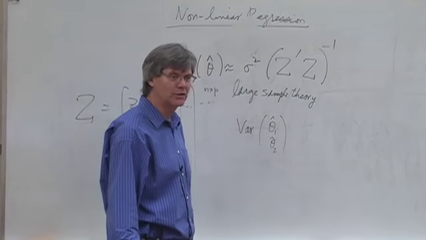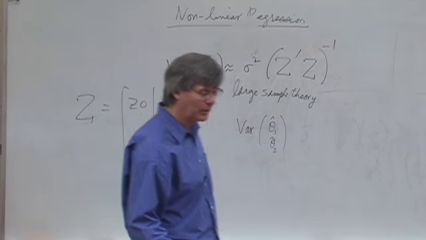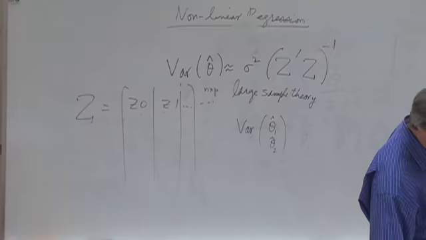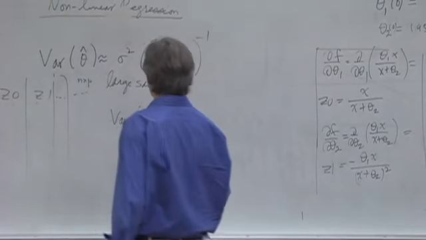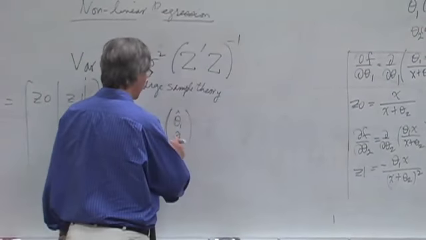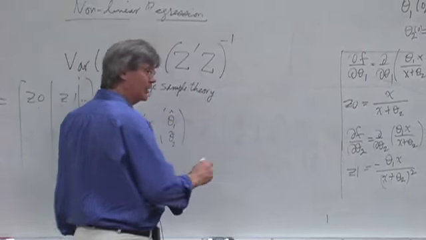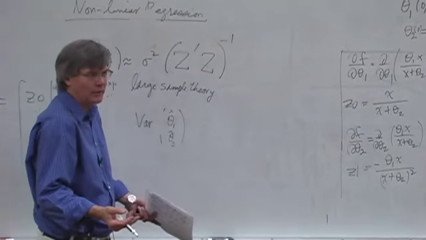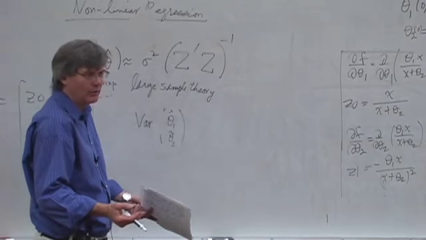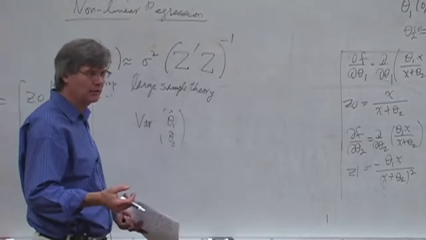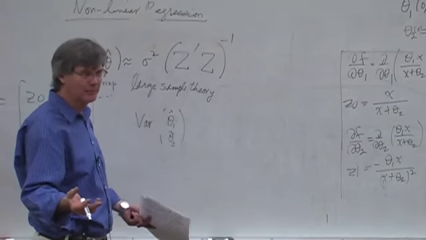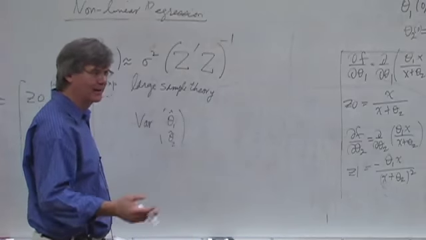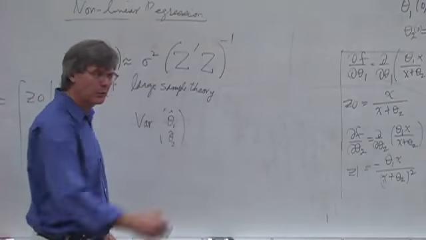When I finish this process, theta 1 hat is 212.7, and theta 2 hat was 0.0641. But those are random variables, and as random variables, those are just numbers we came out with from this data set. If we take a different data set, we'd get different theta 1 hat and different theta 2 hat. So you can imagine a whole bunch of theta 1 hats and theta 2 hats. Remember the simulation we did? Just one row of theta 1 hats, one row of theta 2 hats.